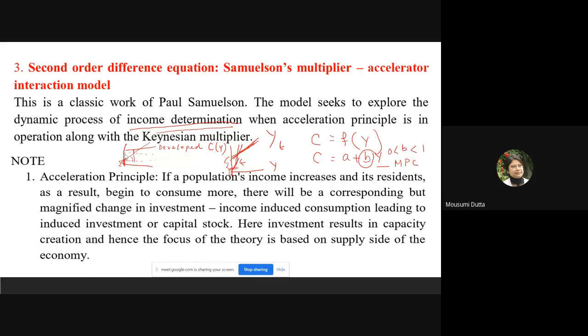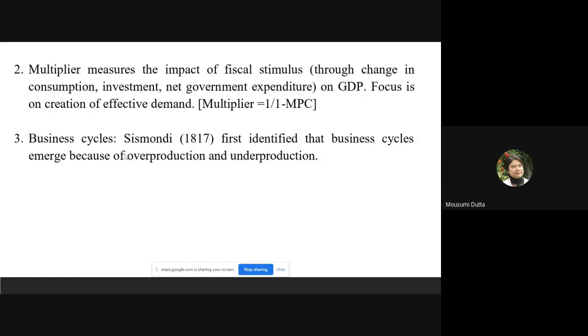In the case of multiplier, if you give some fiscal stimulus to the system, your income will increase by a multiple amount. So if you can improve consumption expenditure by 1%, maybe your income will increase by 25%, this kind of thing.